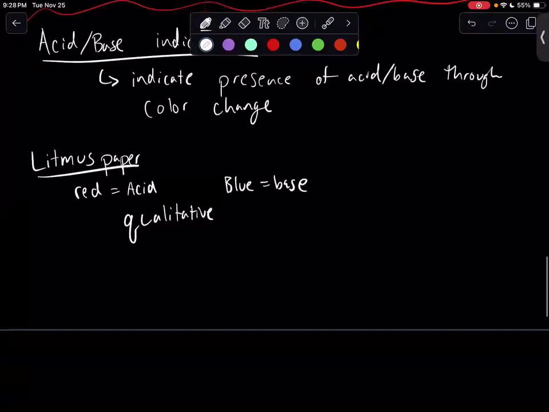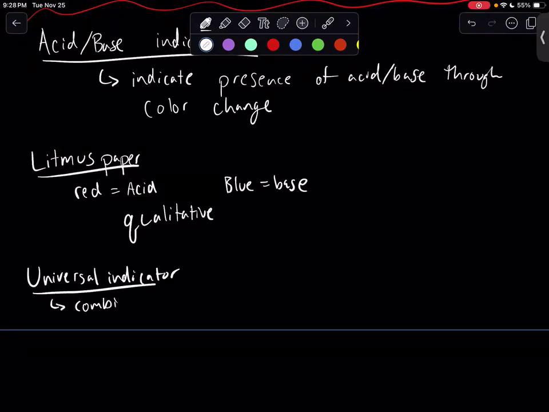We have better indicators, such as universal indicator. Universal indicator is a combination of multiple indicators.